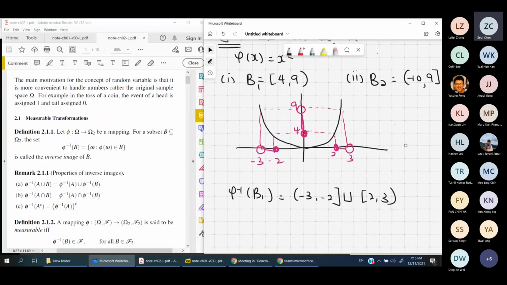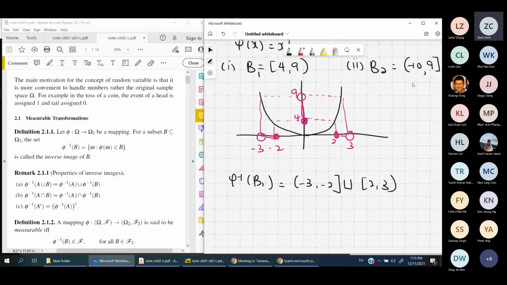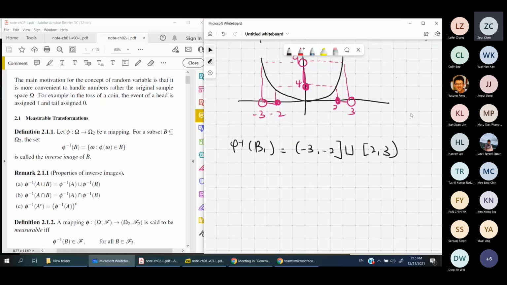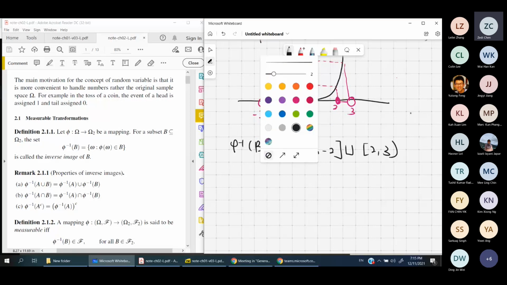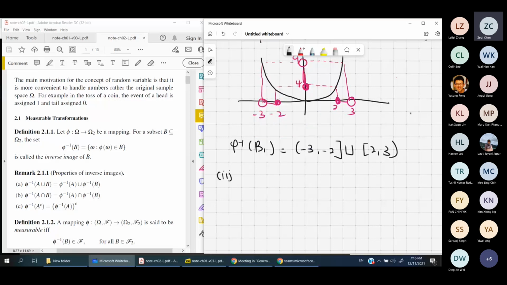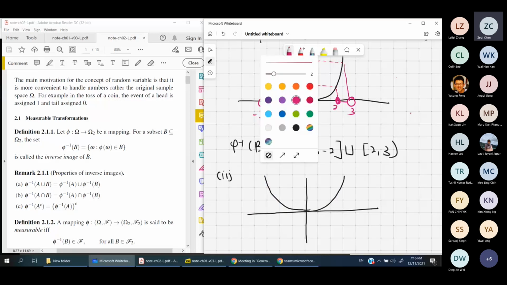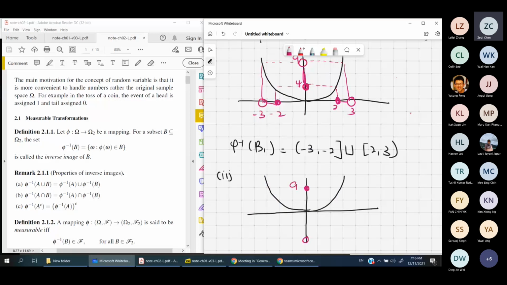So for the second case, when B2 is -10 to 9, again, we can draw the picture. So again, we look at the graph here. -10 to 9. So including 9, excluding -10. So this is the case here.